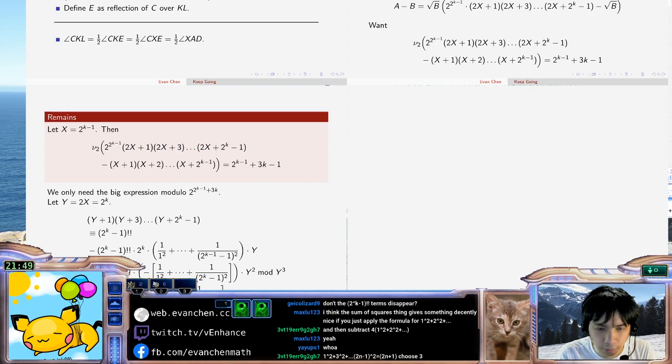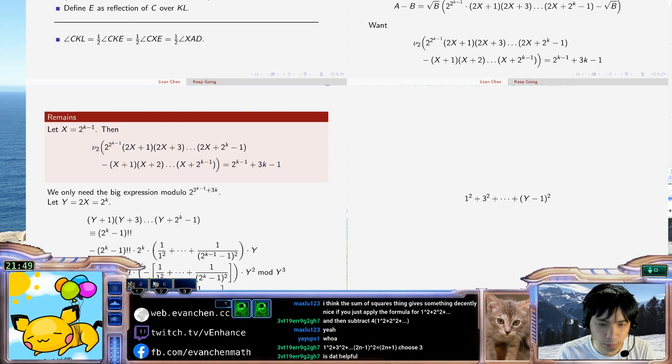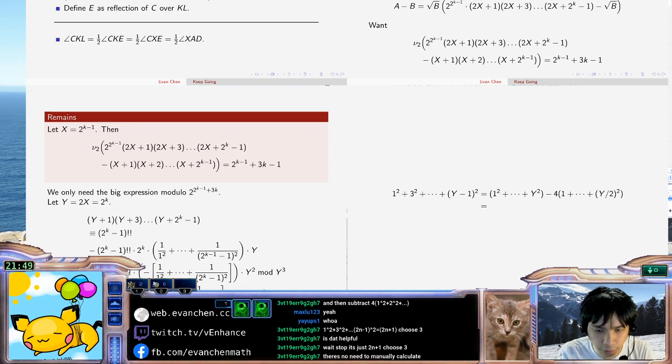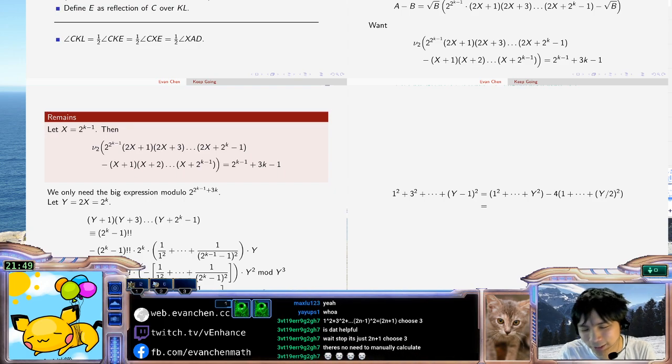And according to the sum of squares formula, this is equal to the sum of squares up to y minus the even ones. So 4 times the sum up to y over 2 squared. And so if I apply the sum of squares, y plus 1, 2y plus 1 over 6 minus 4 times y halves plus 1, 2y halves plus 1, all over 6.